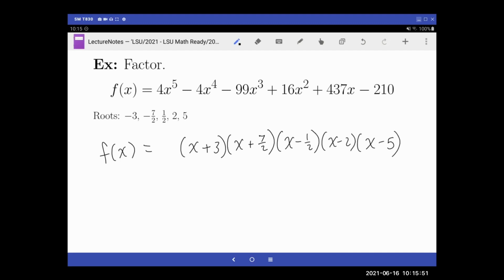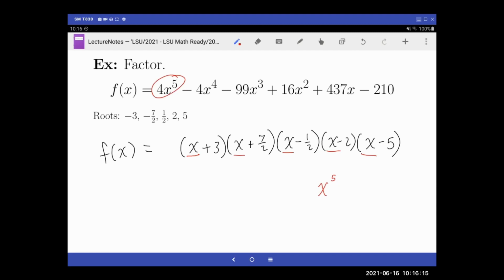Now, if you want to really pay attention here, and I want to factor this function, which is what I'm trying to do, if I were to multiply out this times this times this times this times this, and multiplied the leading term in each set of parentheses, that would give me x to the 5th, which is not quite what I need. I need 4x to the 5th.